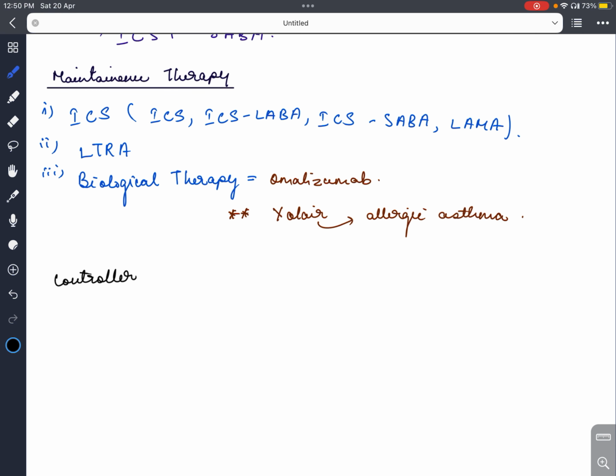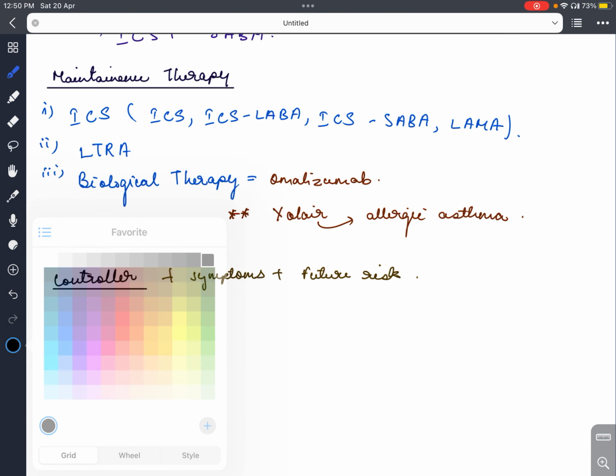And then we have our controller therapy. For what do we actually use the controller drugs? These controller drugs are used for the symptoms plus future risk. Then we have our relievers.